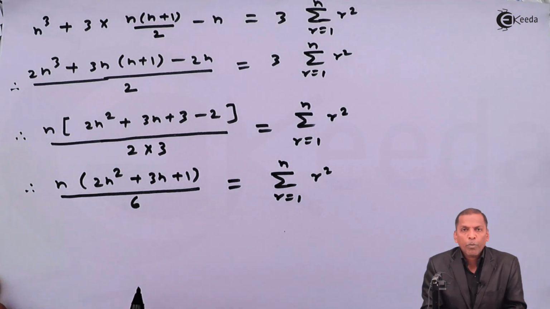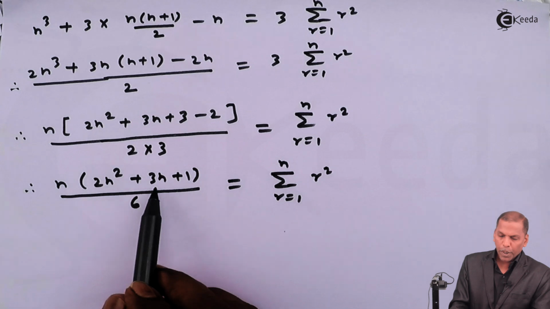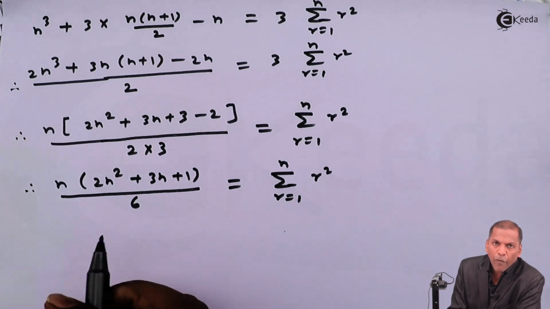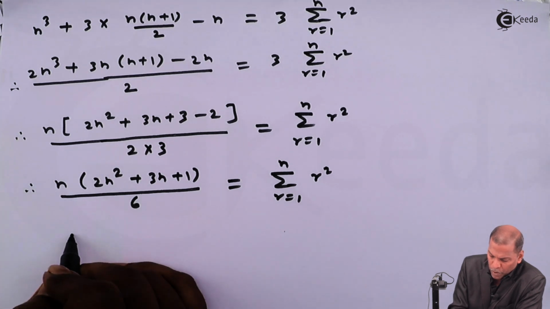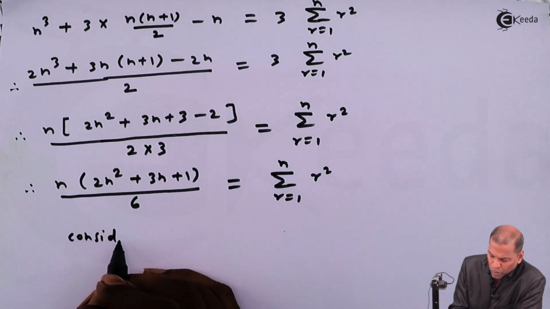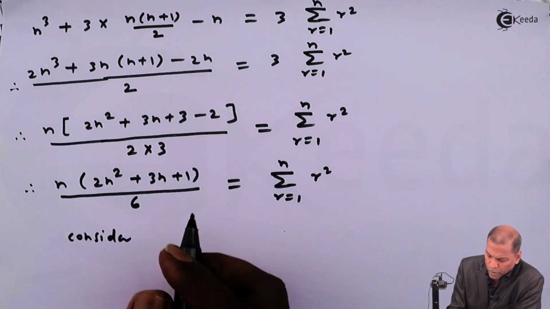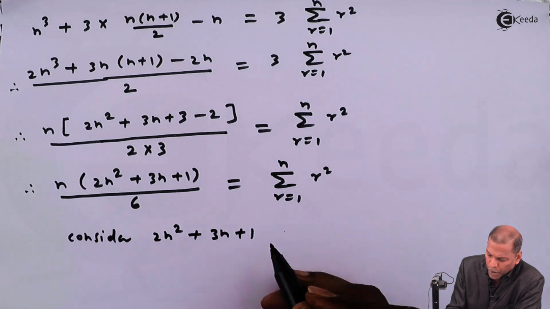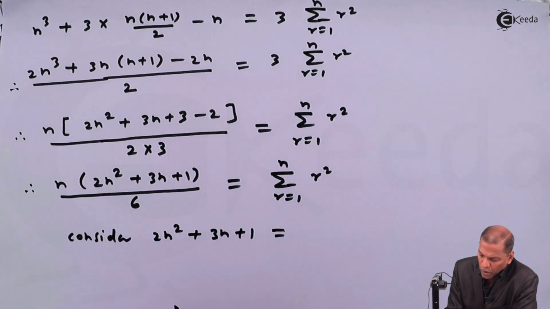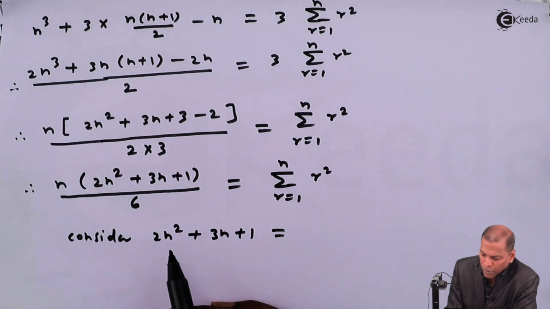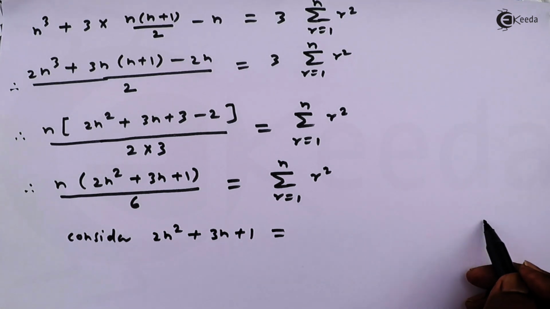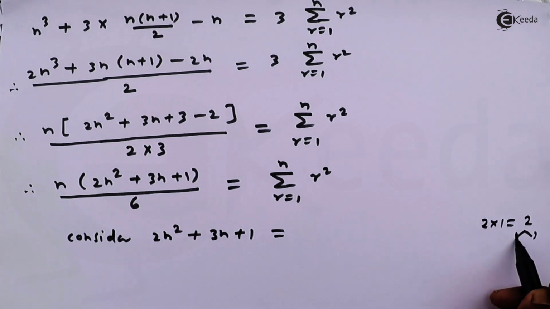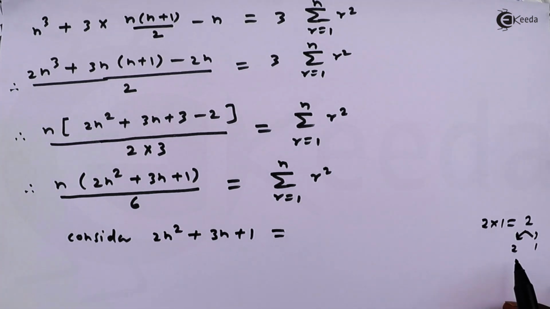Now the term in the numerator, 2n square plus 3n plus 1, is a quadratic expression, and we have to factorize it. So consider 2n square plus 3n plus 1. The first term is 2, the last term is 1, so their multiplication is 2 multiplied by 1, we get 2. Now 2 can be factorized as 2 ones are 2.